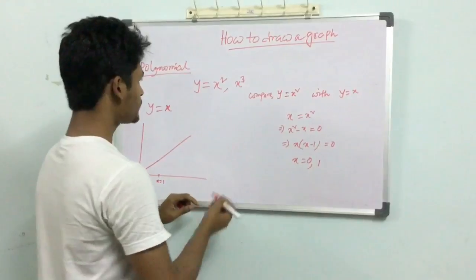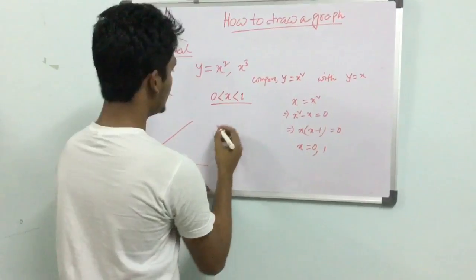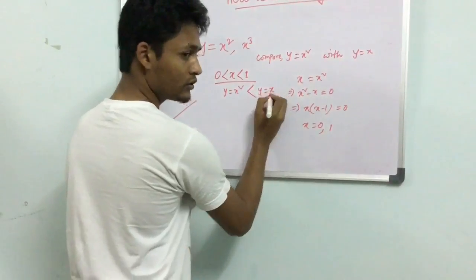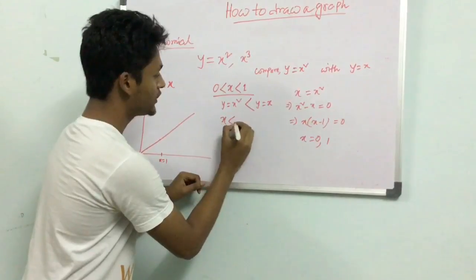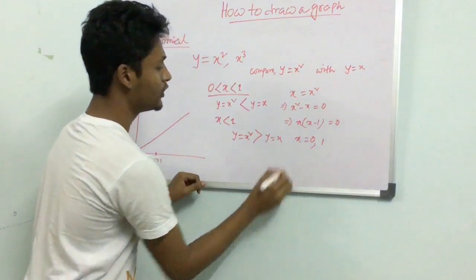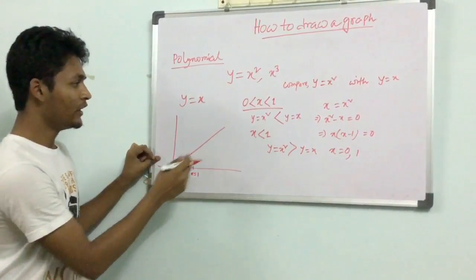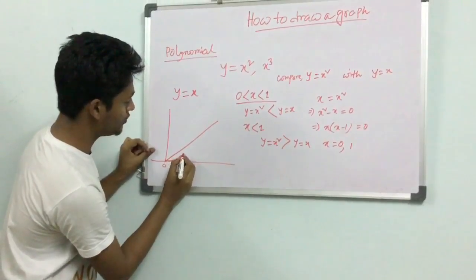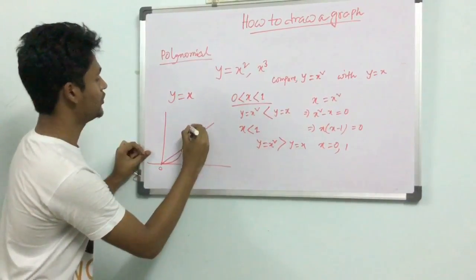And another thing, you know that in the region 0 to 1, y is equals to x square is always less than y is equals to x. Okay, and in the region x greater than 1, y is equals to x square is always greater than y is equals to x. So in this region 0 to 1, the value will be lesser than this, but after 1 it will be greater, so like this.